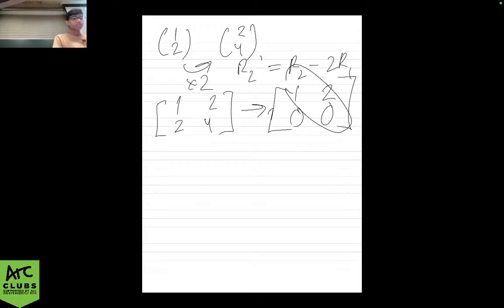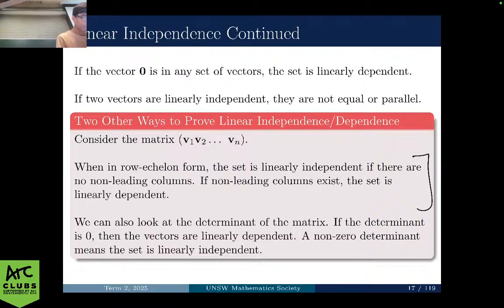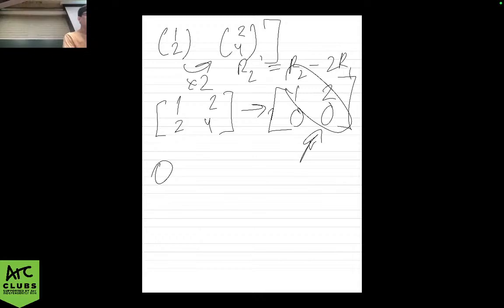If I take the product of the diagonal here, as long as I have a 0 here, then the product of this diagonal would be 0, which causes this case here. If the determinant is 0, and I can find that determinant from the product of the diagonal, then the vectors are linearly dependent, which is what I saw here from this example.